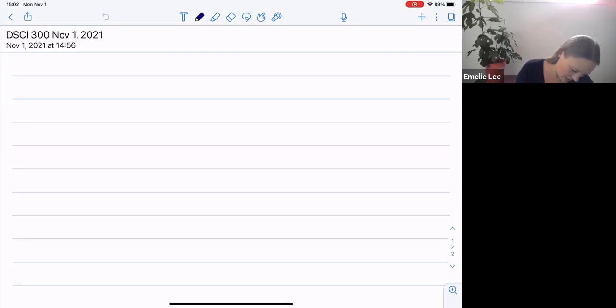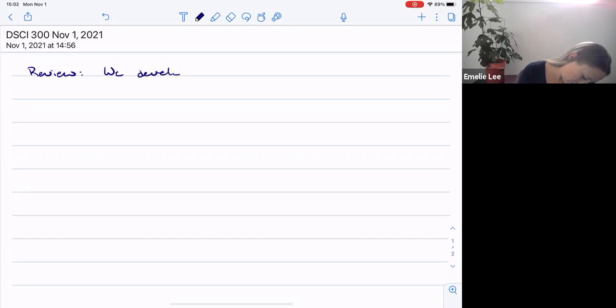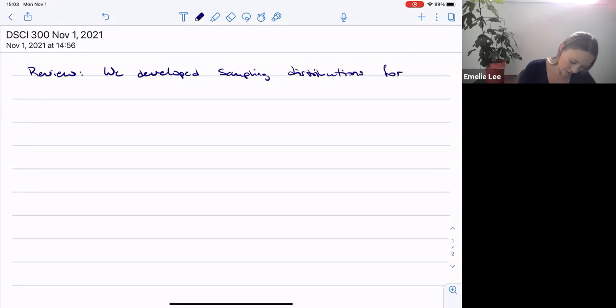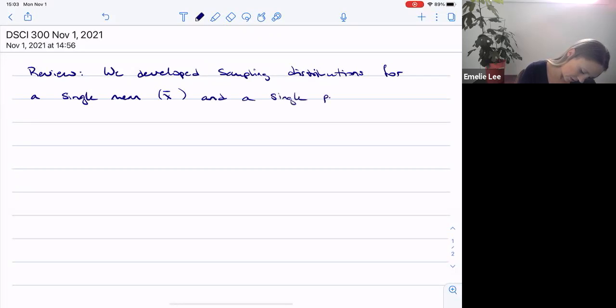What did we say last day? Just as some quick review, I can't even remember where we left off, but we developed sampling distributions for a single mean, which is X bar, and a single proportion, which they're calling P bar.